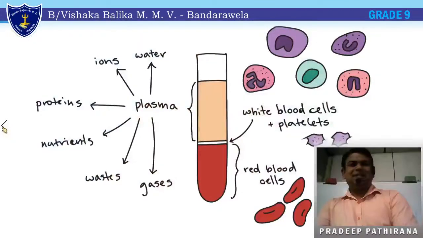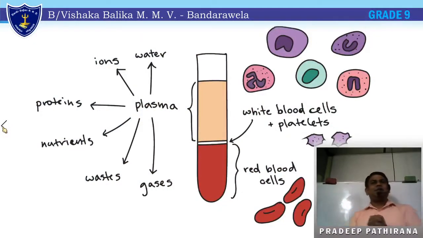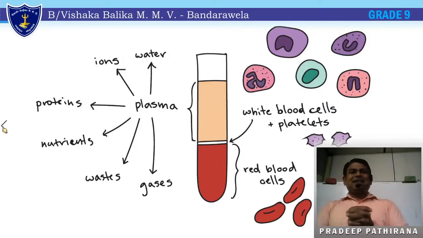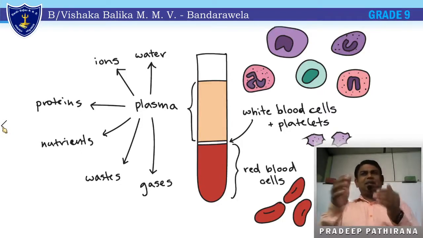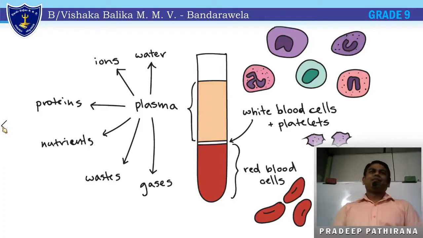So this is a nice drawing of the components of blood. When we separate the blood components, there is a part called blood plasma, red blood cells, and white blood cells plus platelets.